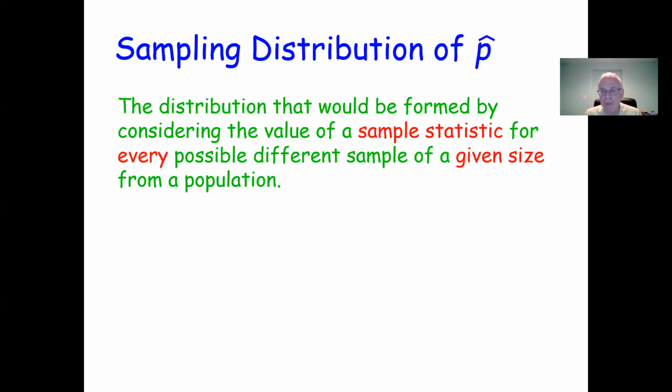We can list all possible samples of size n, count the number of votes or whatever we're counting, and then divide it by the number of people in the survey. We're going to get our sample proportion. We can list all of their p hats, and we would have our sampling distribution of p hats. So it's the same idea, except now the statistic is p hat instead of x bar.